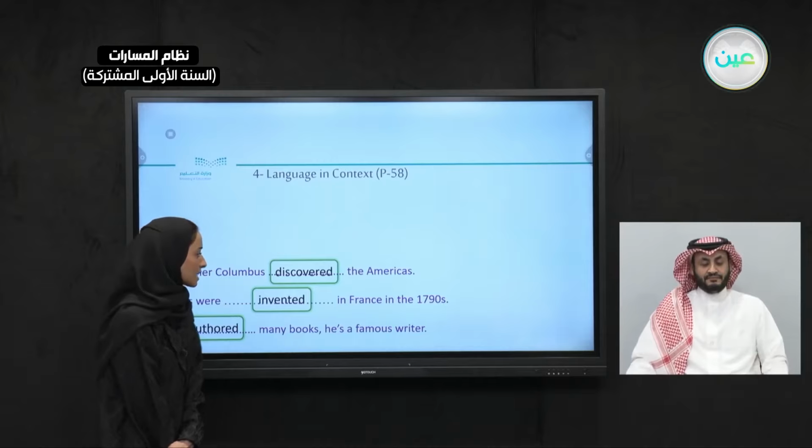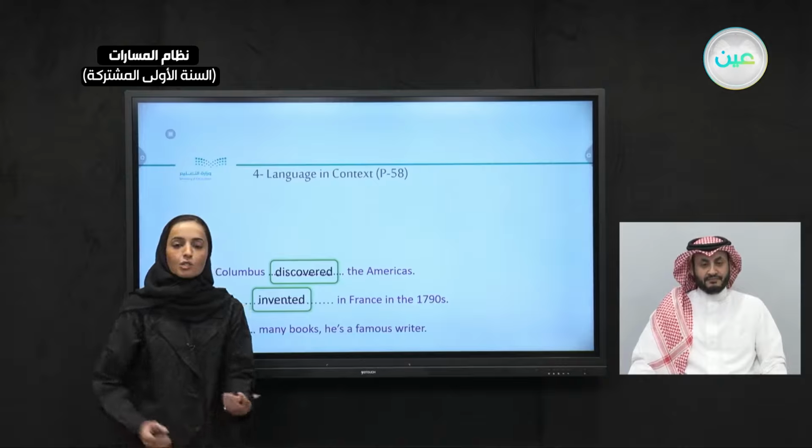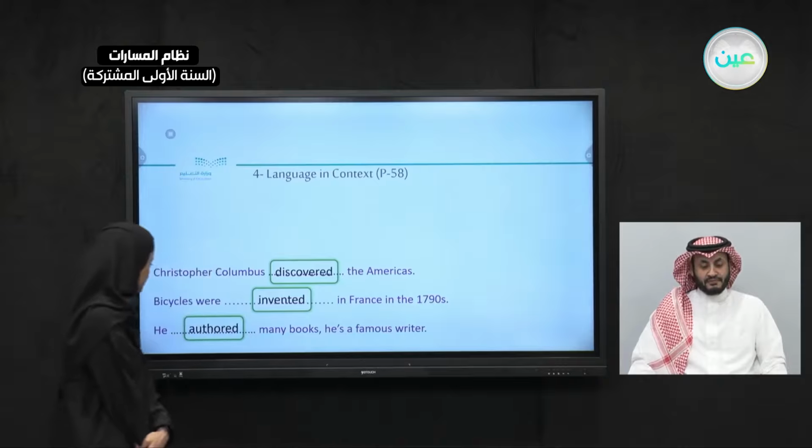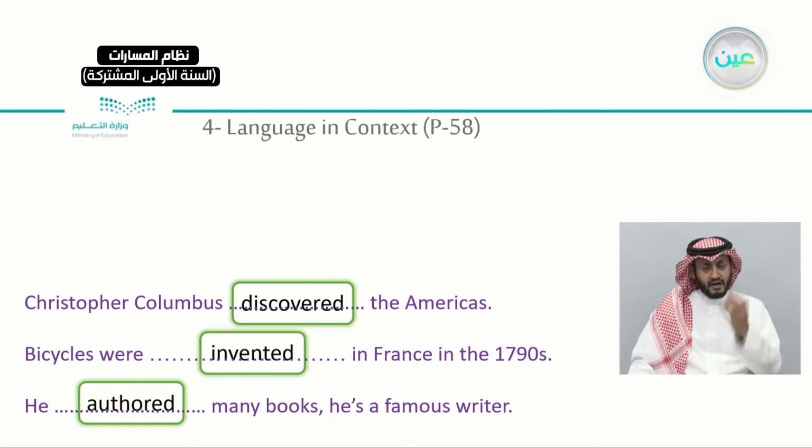However, in the 1790s, it was invented. It wasn't there, and it was invented. He authored many books. He is a famous writer. The book writer and the book, he will author it. He will write this or that.